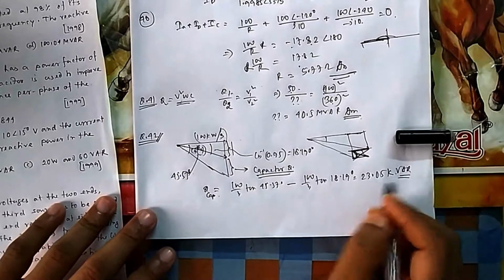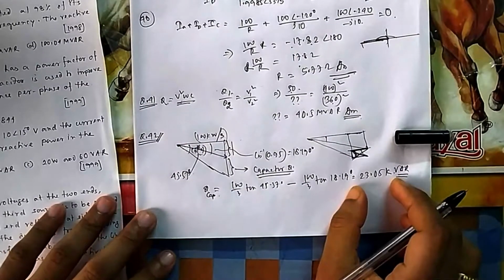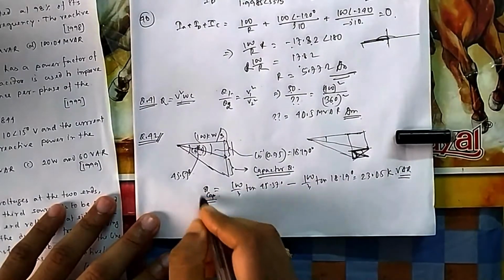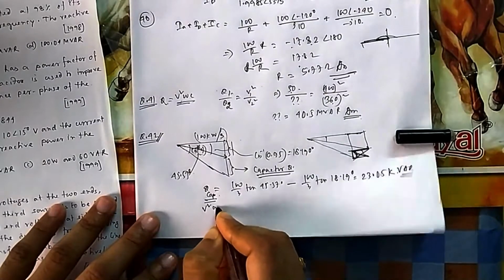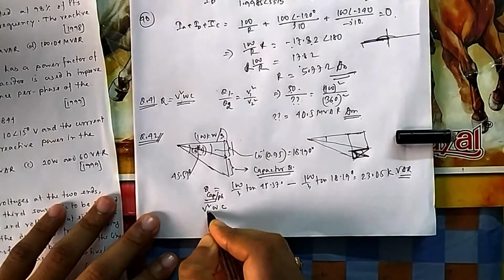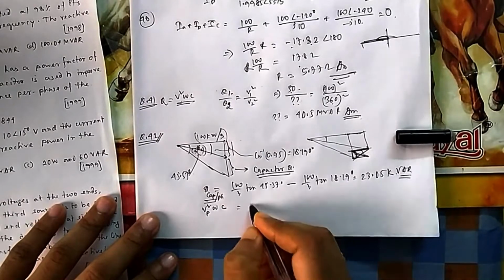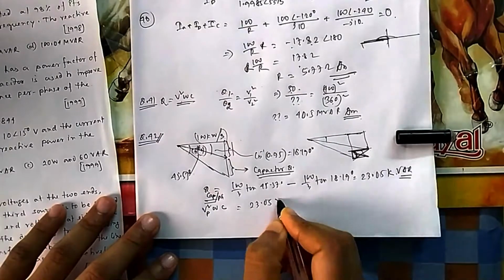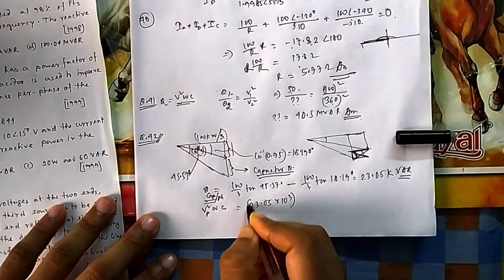So now this is per phase, because you are calculating per phase. So what is capacitor? Q of the capacitor is V square omega C. What will be this V? Because it is per phase, it will be phase voltage. That is equal to 23.05 into 10 to the power 3, because it is kilo.